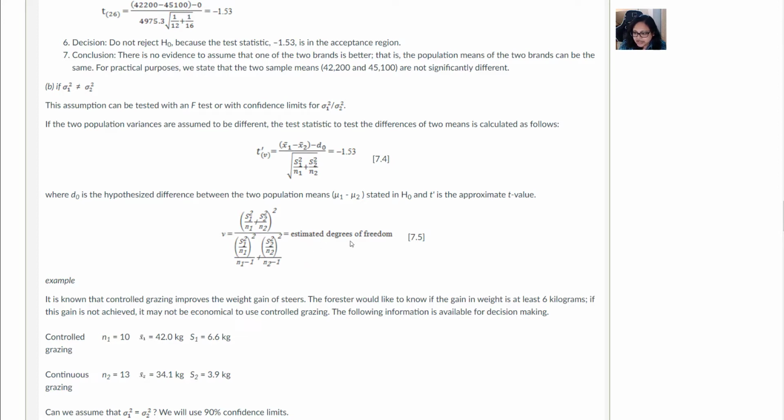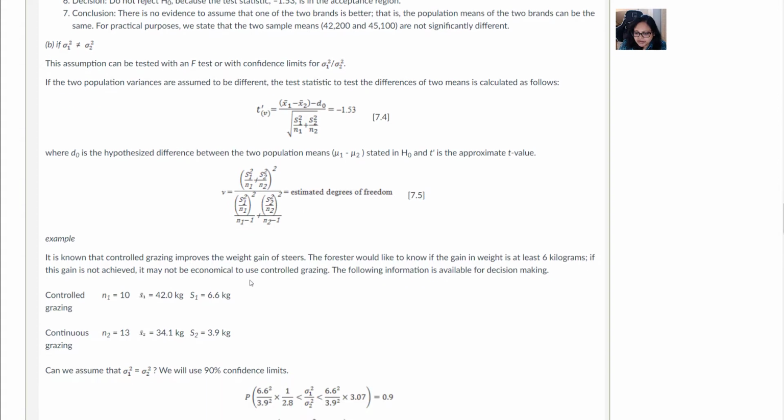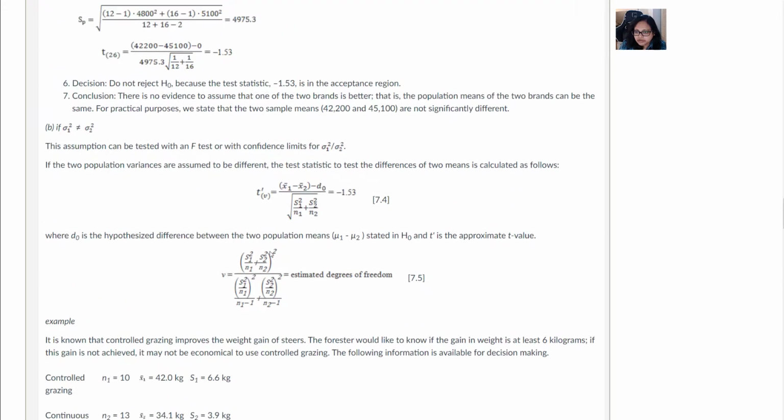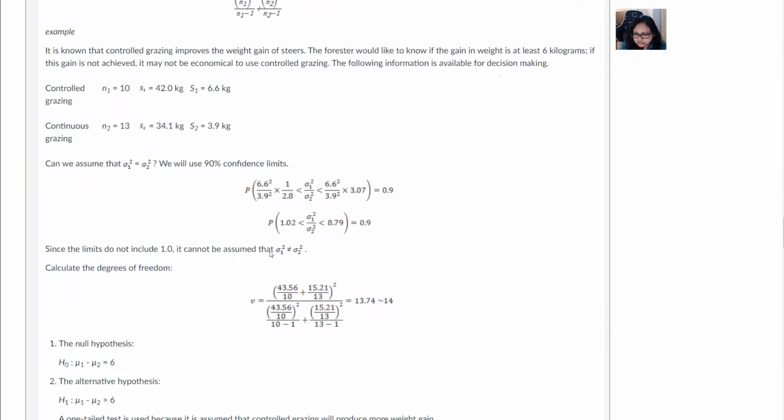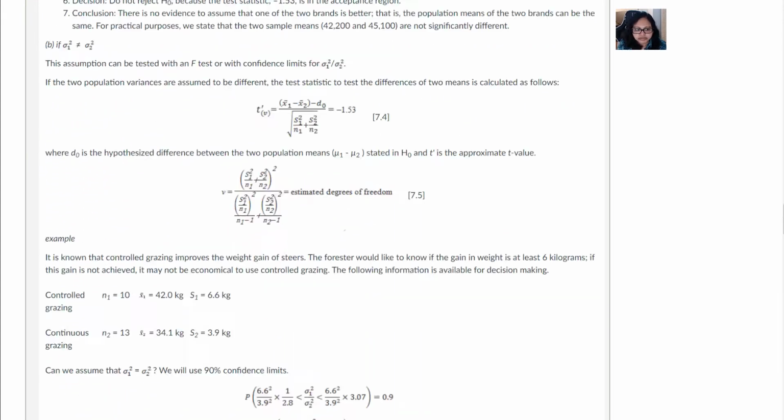You can use that to find the degrees of freedom. After you find the degrees of freedom, then you can see what would be the critical value. Then if we find that they are not the same, we need to use again the confidence interval so that we can find whether they are actually the same or not. If we find that they are not the same, then we have to use this one.